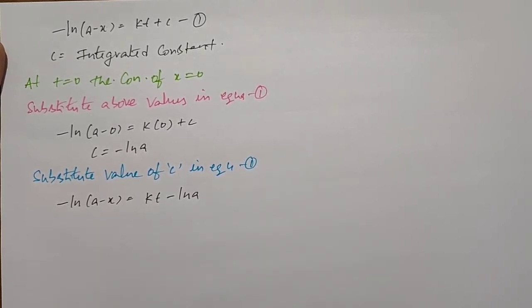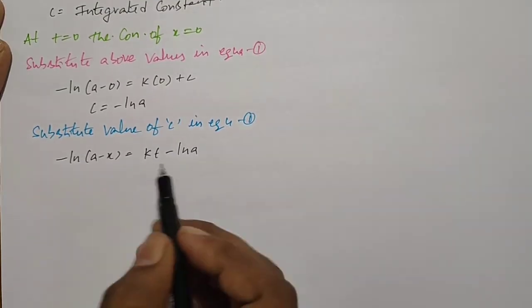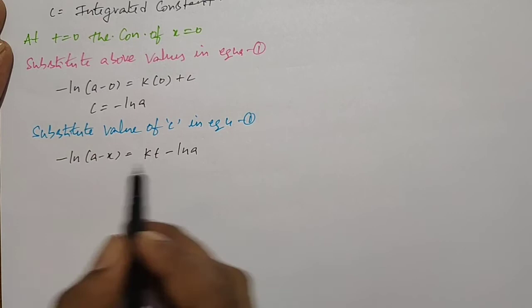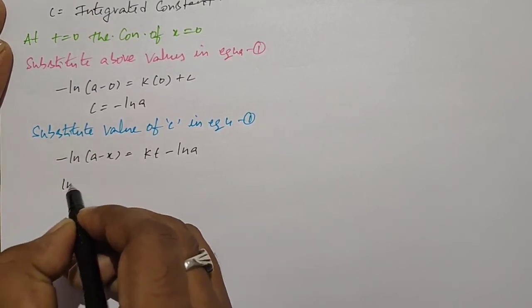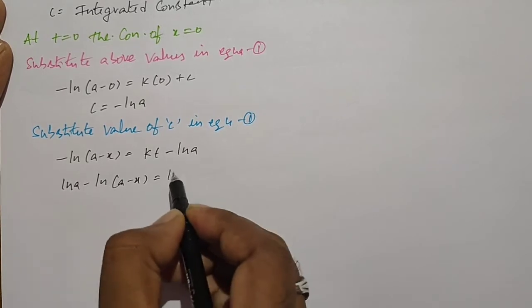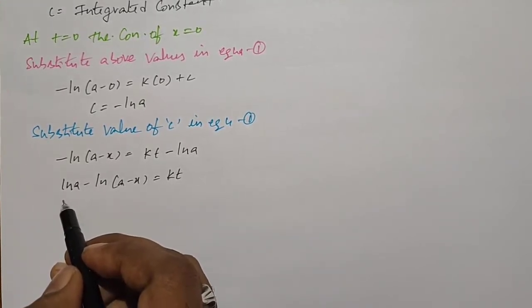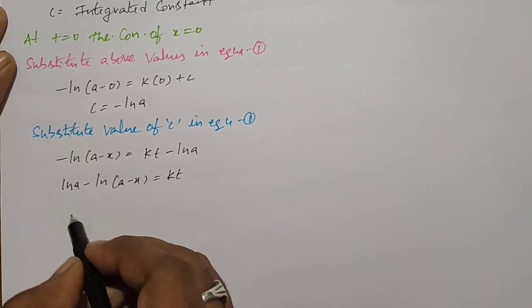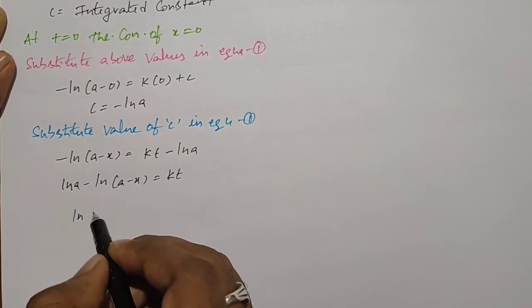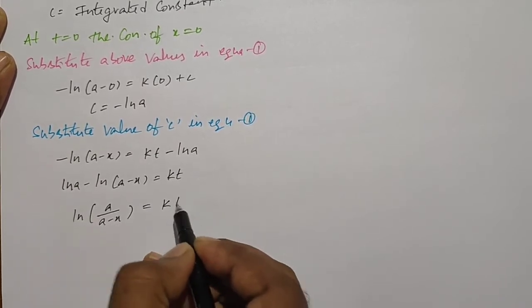Take the minus ln a to this side, so we get ln a minus ln (a minus x) is equal to kt. It looks like log a minus log b, so we can write log a by b. Then we get ln of a by (a minus x) is equal to kt.